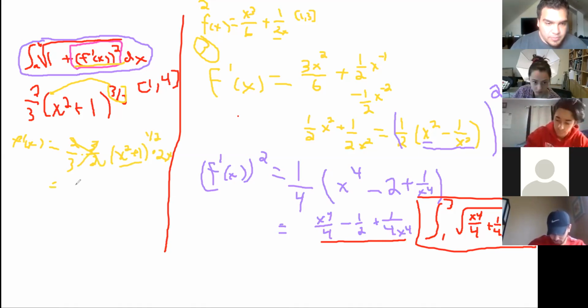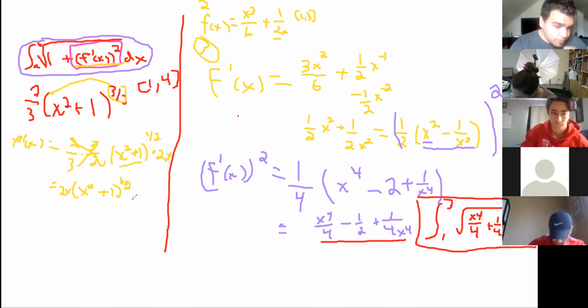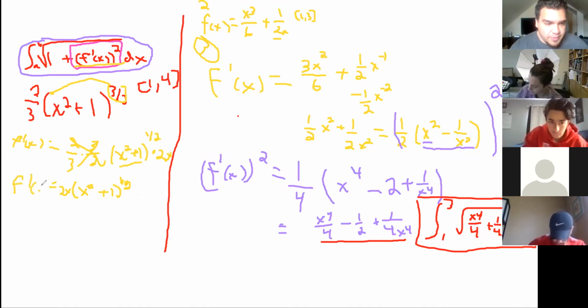So your f prime is just 2x in the front, times x squared plus 1 to the 1/2 power. You could put in a square root symbol if you wish. But regardless, we're going to have to square it anyway, because we want f prime of x squared.